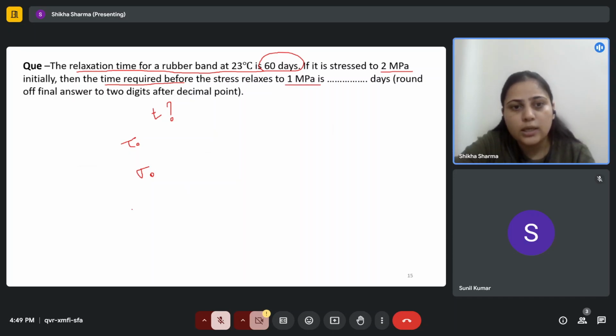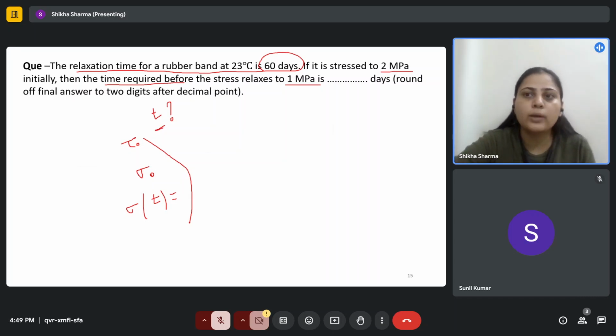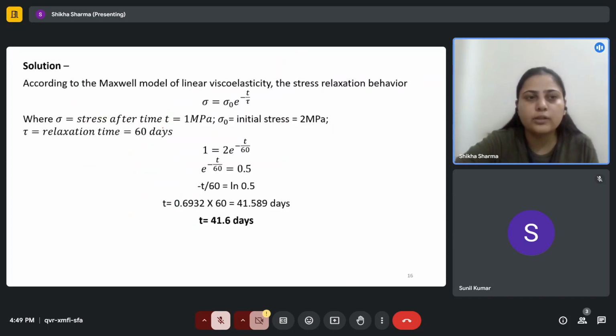So after some time the stress has decayed and it is now 1 megapascal. These values are given and we need to calculate at what time this stress will decay to 1 megapascal.